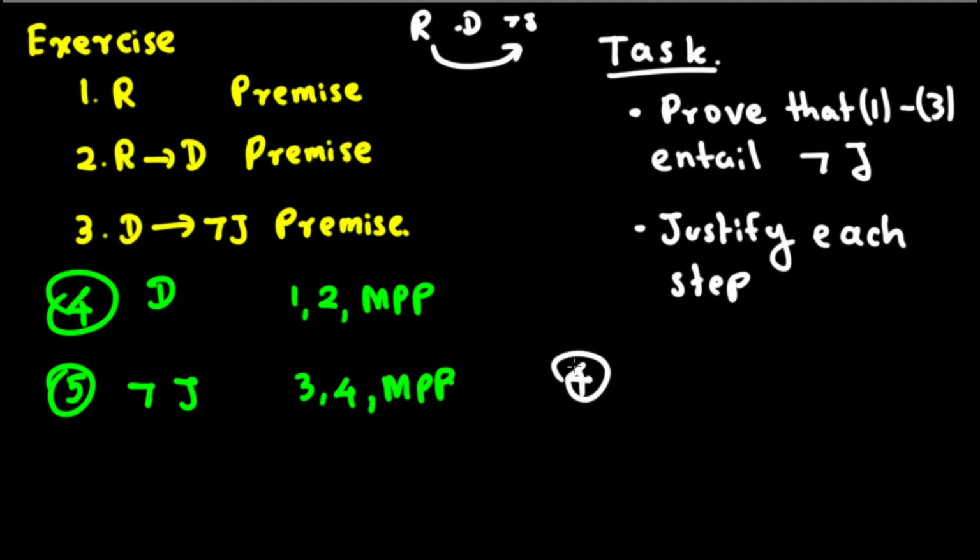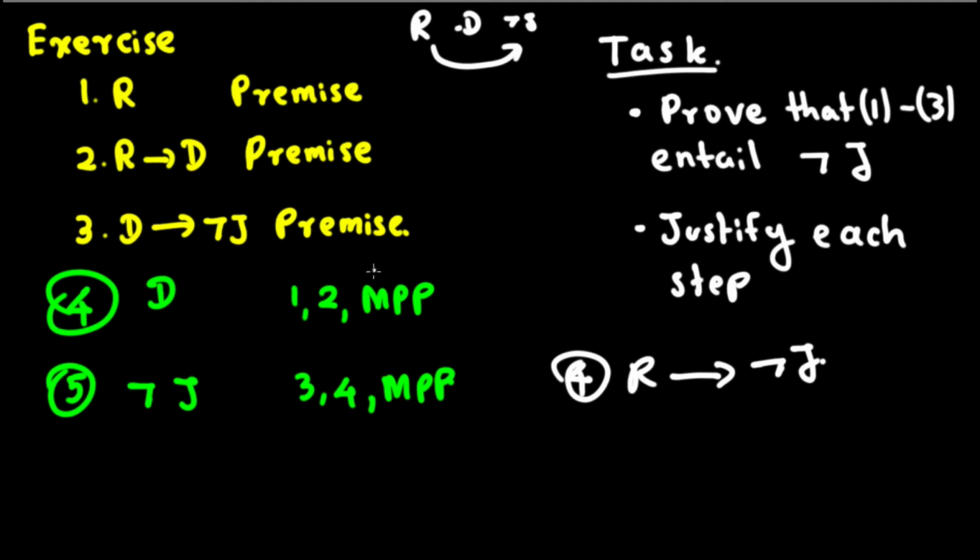So we can write this one as R arrow not J. Okay, that's our hypothetical syllogism.